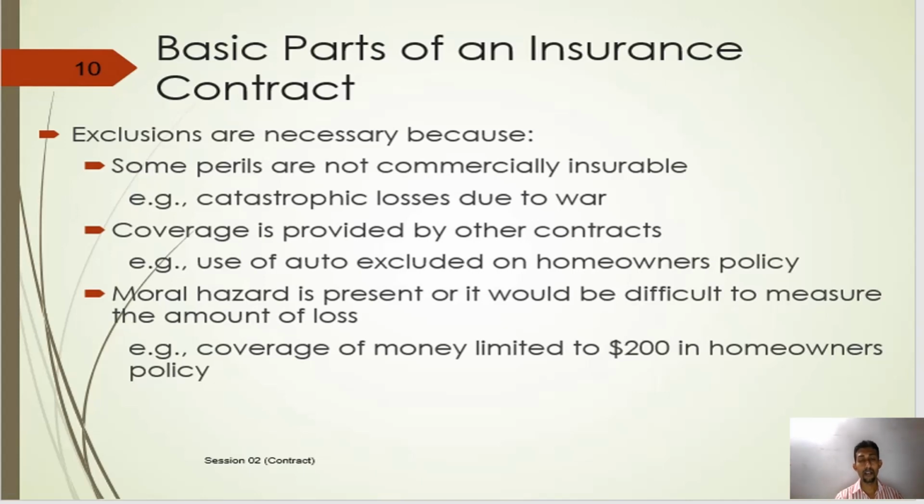In other words, it will discourage a person to behave recklessly, thinking that the insurance will cover and protect. So they know that there will be some penalty and a loss will be created, which will lead them to behave properly and act accordingly. So exclusions are also needed for insurance contracts to safeguard this concept.